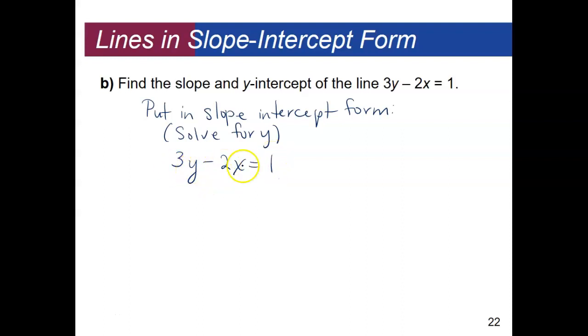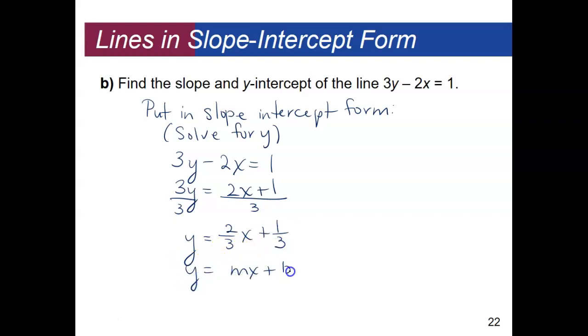So I'm solving this for y. I want to move the 2x over, and I'll divide by 3. So y equals, I do like to split this up, 2/3 x + 1/3. And so I have it in the form y = mx + b. So m, which is my slope, is going to be 2/3. And b, which is my y-intercept, is going to be 1/3.